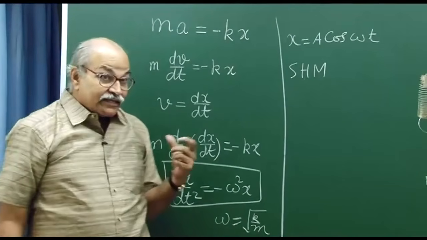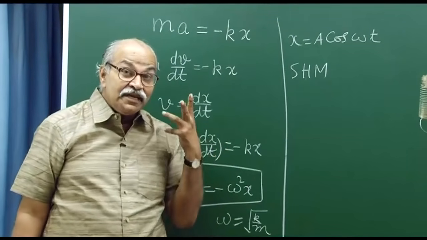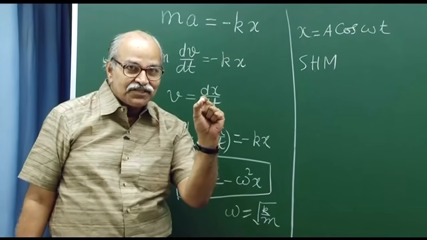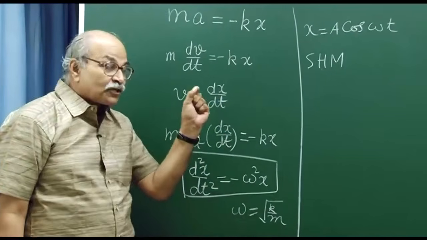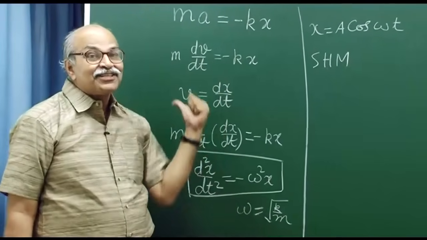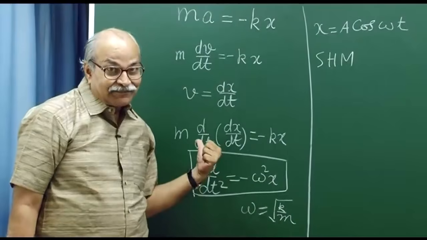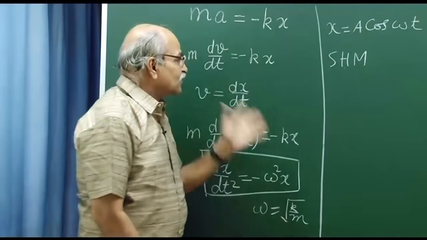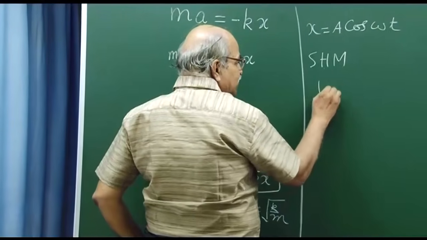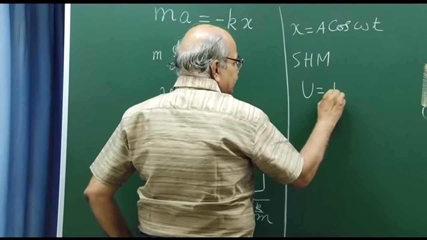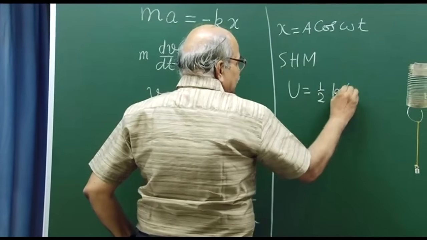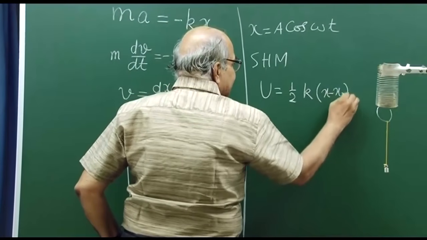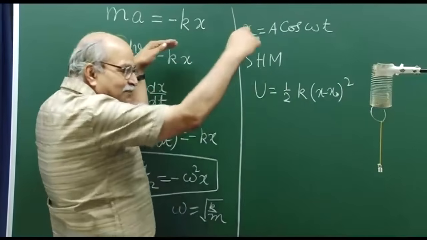And in any case of oscillation, if you have a minimum of potential energy, for small oscillations this situation will occur, because this kind of thing demands that your potential energy is of the kind k x² or (x minus x naught) squared, this parabolic type.